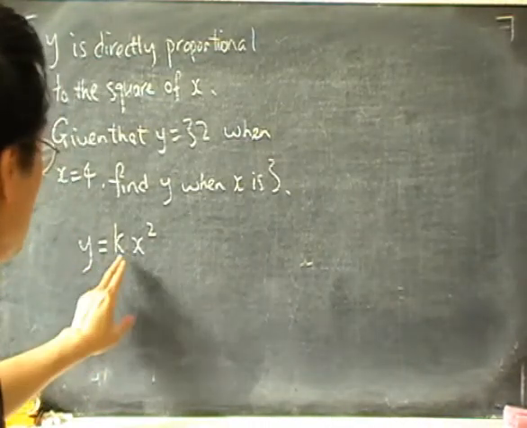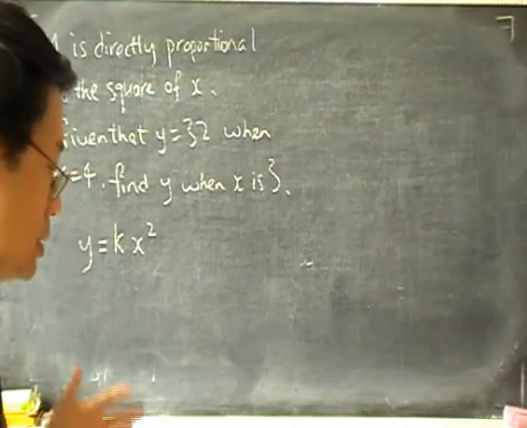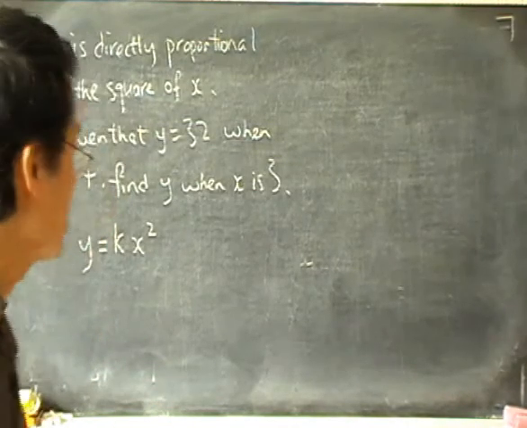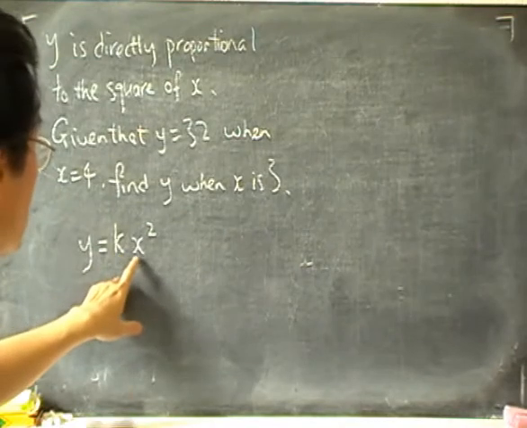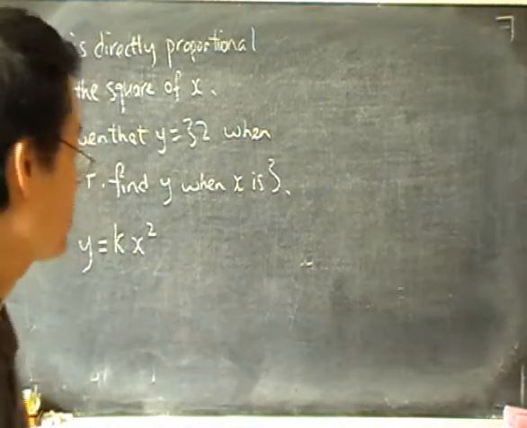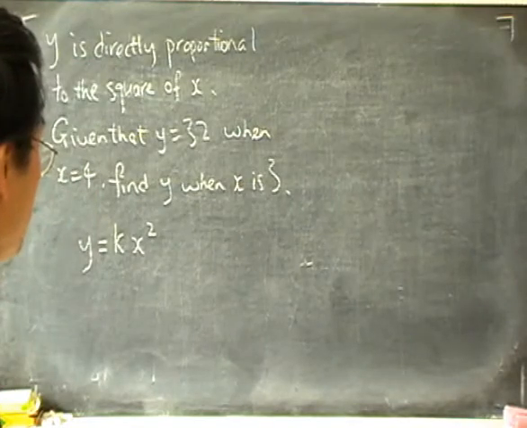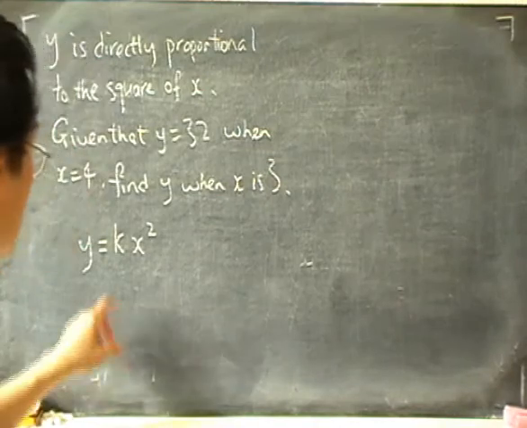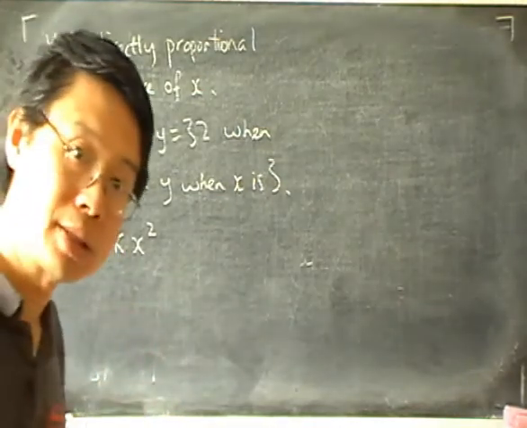Now the idea of a constant means that it is a number that does not depend on x. So if x has a different number, this k should stay the same.